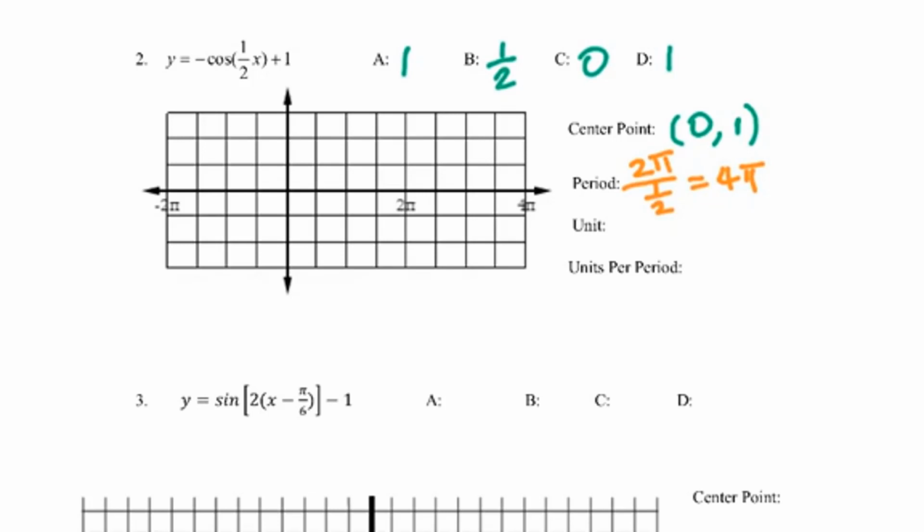Check this graph. 2 pi divided by how many units between 2 pi? That's 4. So get the pi over 2. So I label as pi over 2.